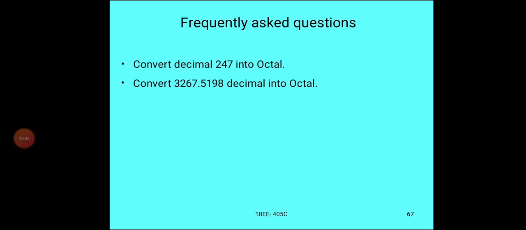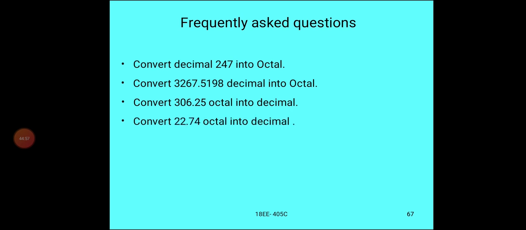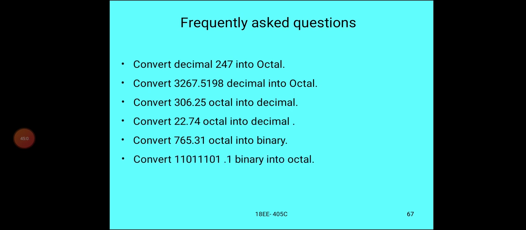Convert 3267.5198 decimal into octal. Convert 306.25 octal into decimal. Convert 22.74 octal into decimal. Convert 765.31 octal into binary. Convert 110.11101.1 binary into octal.